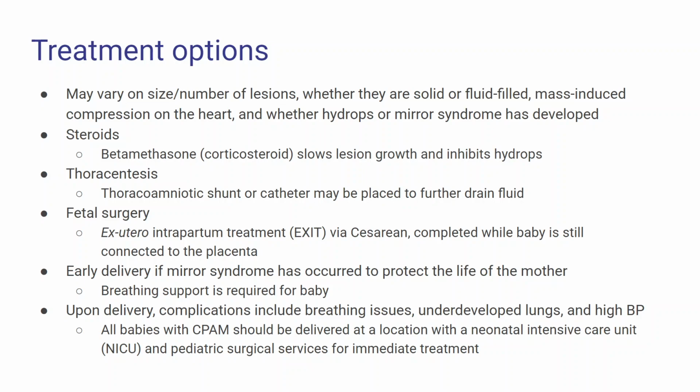There's various treatment options. It just depends on the size and number of lesions, whether they are solid or cystic, how much the mass is causing a compression on the heart, and then depending on the degree, if the hydrops or this mirror syndrome has developed. So first we have steroids such as betamethasone, which slows lesion growth and inhibits hydrops.